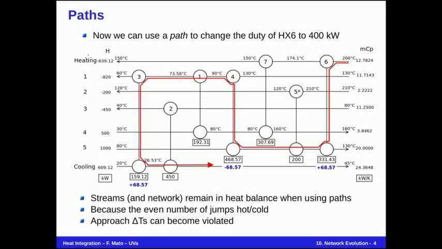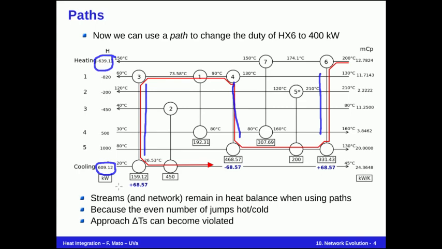The other tool we use, the paths, are very similar to loops, but they are not closed. They travel between a hot utility and a cold utility. And as the number of jumps between hot and cold side, or the other way, must be even for the network to remain in balance, the duty, the heat flow of heating and cooling, must increase or decrease by the same amount.